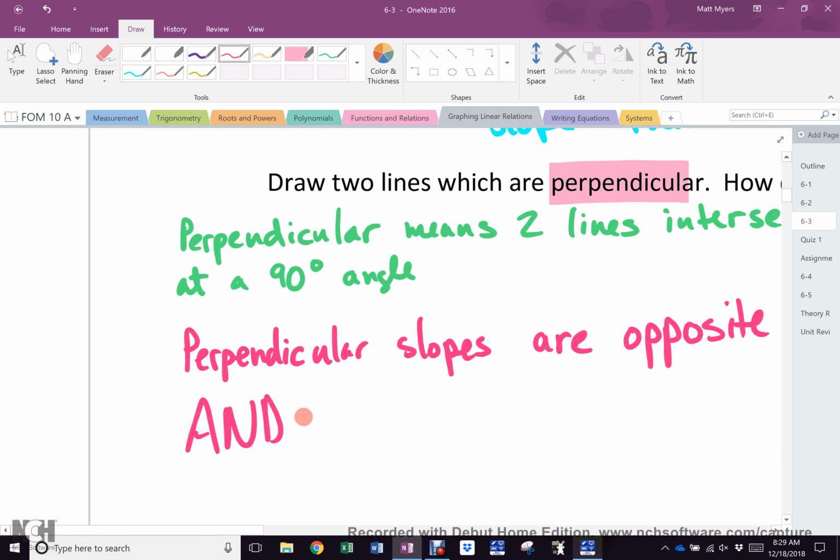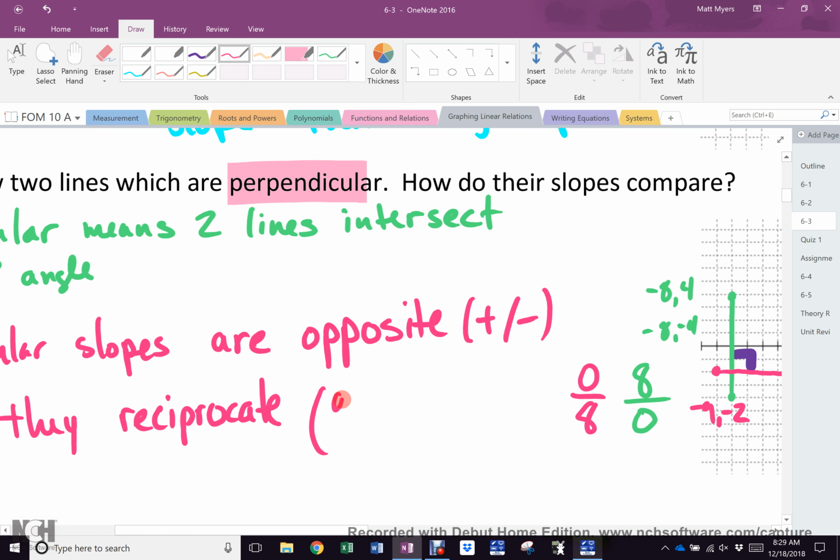And they reciprocate. And remember what that means. If one slope is A over B, the perpendicular slope, that's what this symbol means, is negative B over A. Rise over run, rise over run. Does everybody understand? It's the exact same numbers. They just flip and you switch the sign.